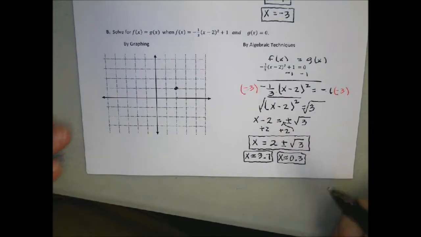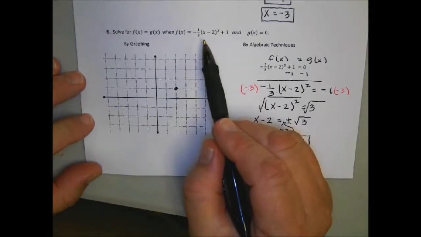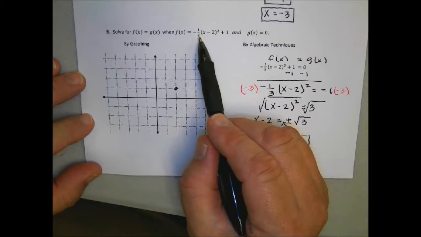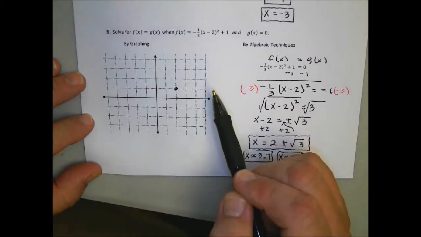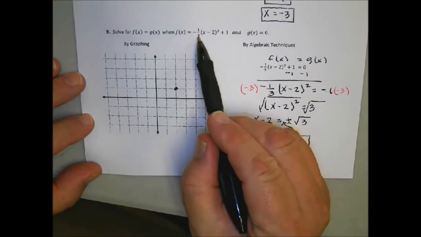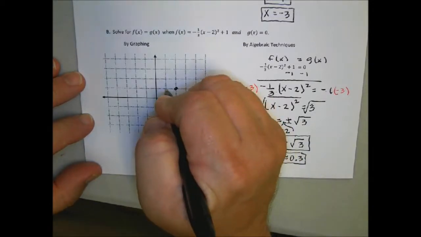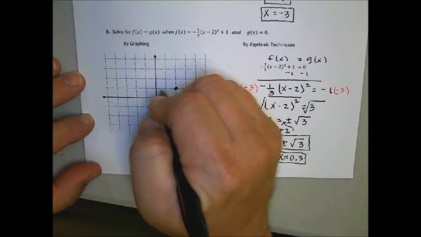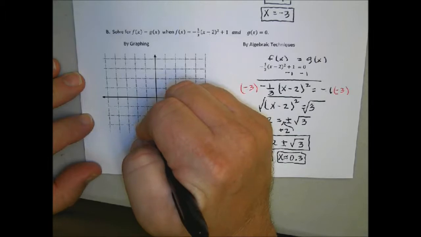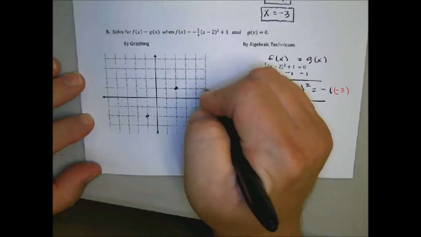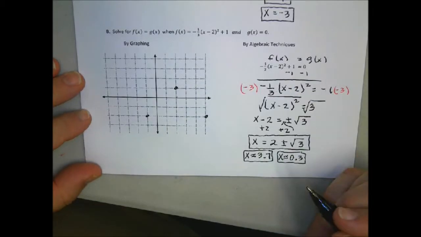Now, with a leading coefficient of negative 1/3, we know it goes down, but again, I don't know if your teacher has shown you this, but when the leading coefficient is a fraction with a 1 in the numerator, the way to get to the next lattice point depends on the denominator. Since it's a 3, it's simply a matter of going over 3, down 3. Over 3, down 3.